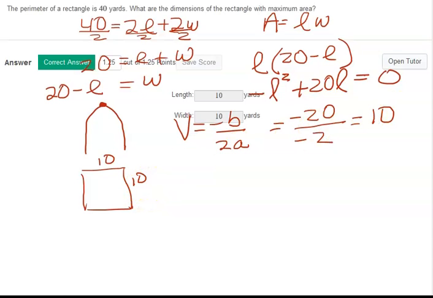So let's take a look at our answer here, and it checks out. So our length is 10, our width is 10. And this was the protocol to get it. Now, generally I found these to be rather easy because they tended to be squares that you work, but this is the protocol to get to the answer.